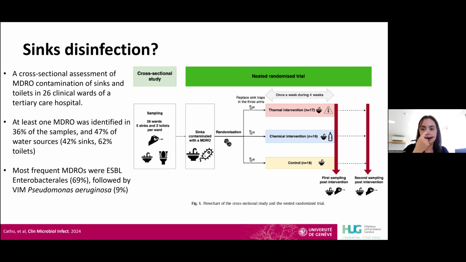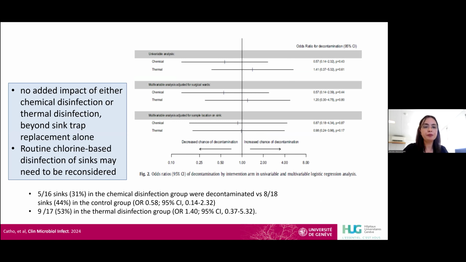These interventions were applied once weekly for 4 weeks. One week after the last intervention, the sinks were sampled for contamination, and 3 months afterwards, they were sampled again without any intervention.